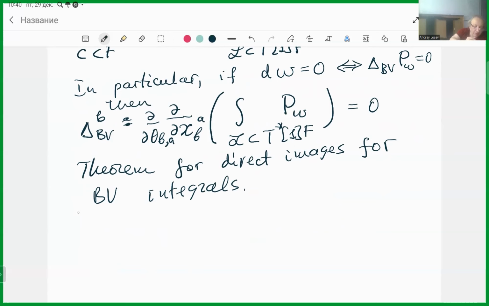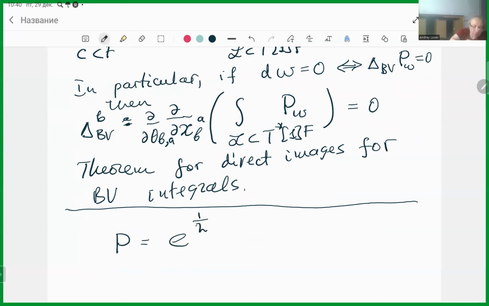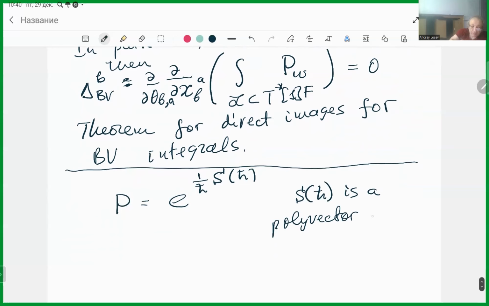And now the last ingredient that I promised to show. We will take P of the very special form. S of H is a polyvector with the values here.